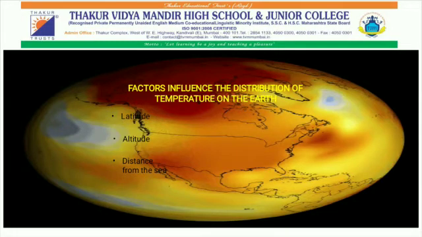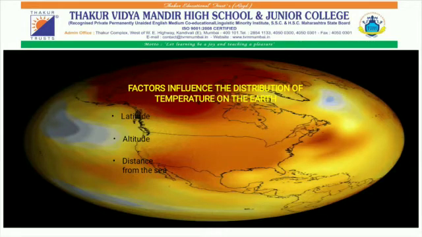When you are near the sea, as water becomes cool very slowly, in the same way it becomes hot very slowly as compared to the continental area, or you can say land area. So if the distance is near to the sea, the temperature remains moderate, meaning it is average, it will not go to the extreme.